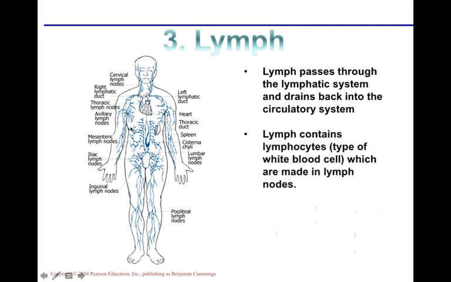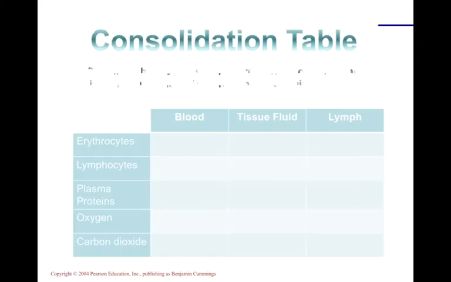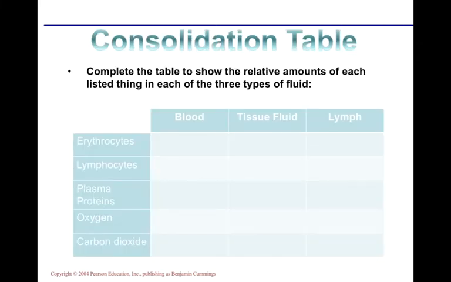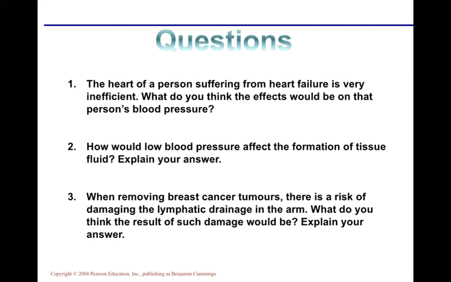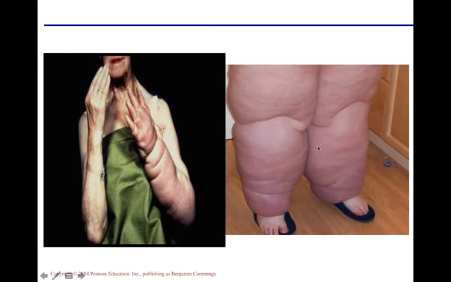Now, if you have an issue with some of that lymphatic fluid, you end up with issues like this. With a high degree of lymphatic fluid that will not drain back into the blood vessels, you can get this swelling, which is referred to as an edema.